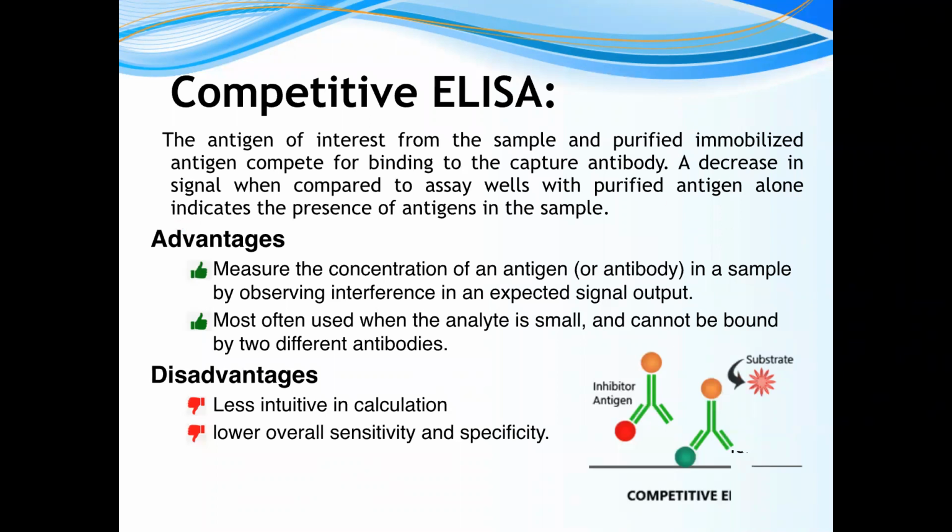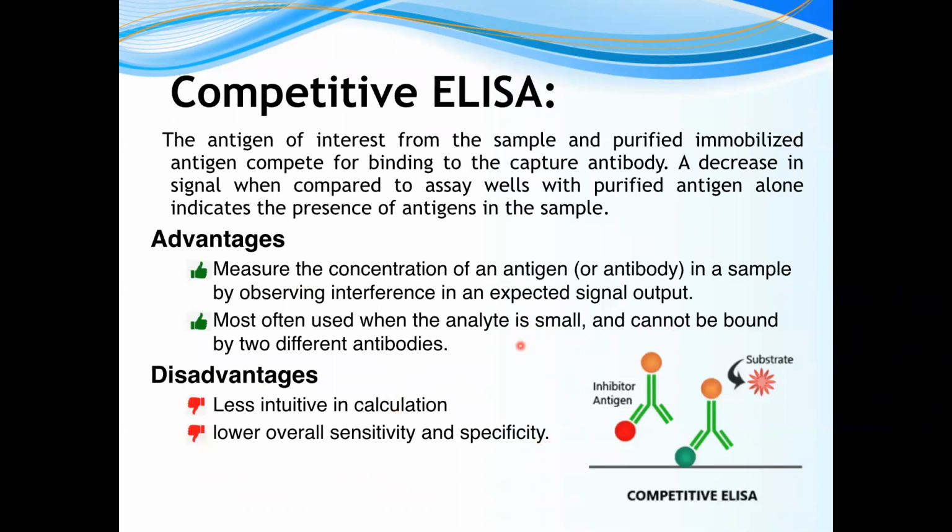So few advantages of this ELISA over other ELISAs are, it measures the concentration of an antigen or antibody in a sample by observing interference in an expected signal output, and is most often used when the analyte is small and cannot be bound by two different antibodies.